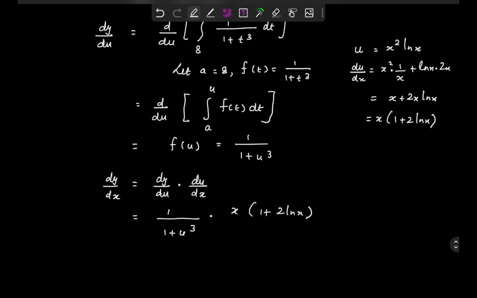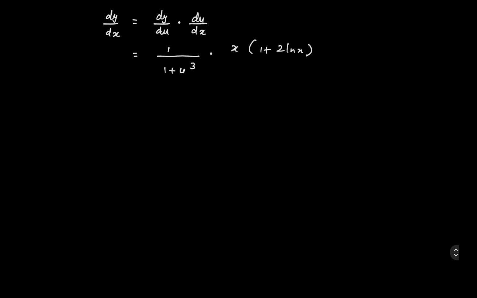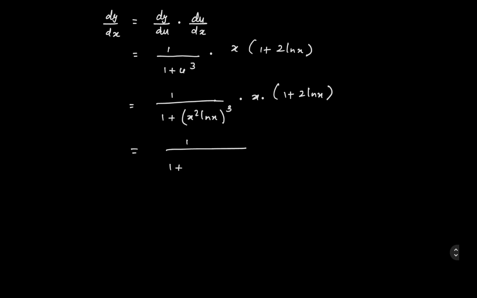Now you see you have taken u as x squared ln x, so 1 plus x squared ln x whole cubed into x into (1 plus 2 ln x). So finally this is 1 over (1 plus (x raised to x ln x)) whole raised to 3, into x into (1 plus 2 ln x). So this is the answer for this.